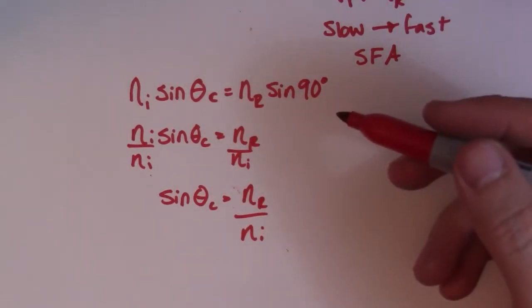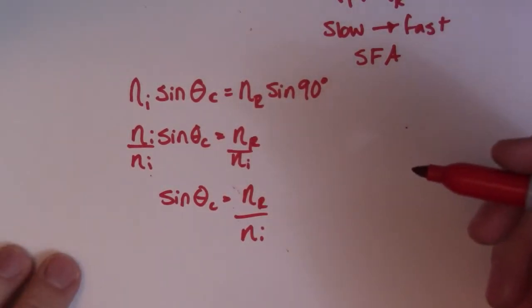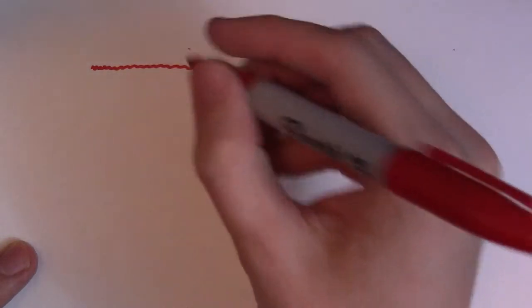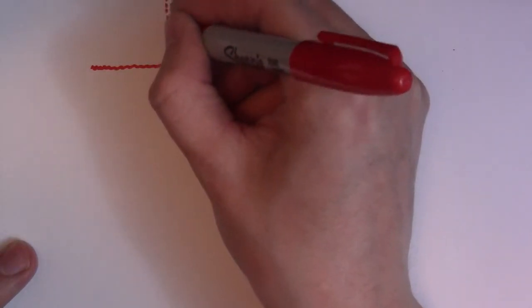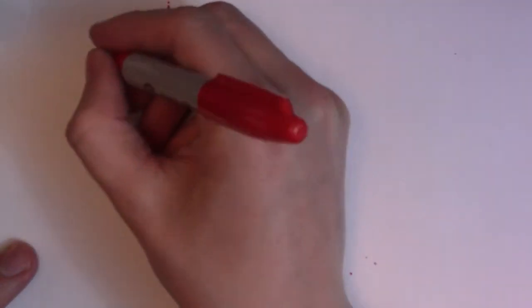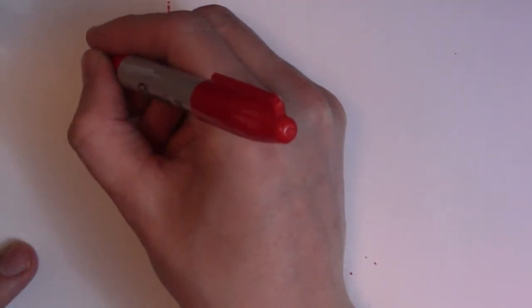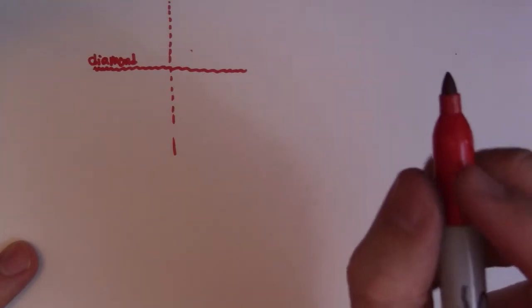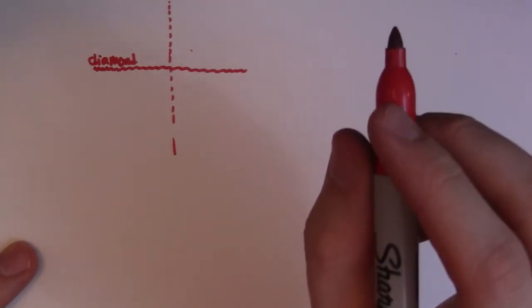So let's do a really quick example of Snell's Law. Let me get a new piece of paper again. Alright, so let's say, for example, we have a medium, and let's call this diamond. I'm going to try to remember off the top of my head that diamond has an index of refraction, I think it's 2.62.